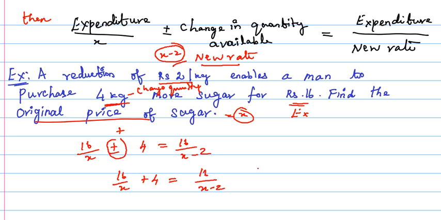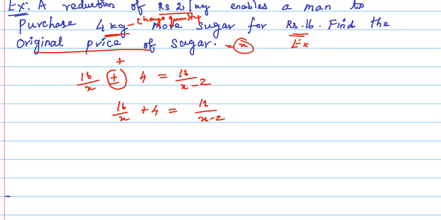Cross multiply. After simplification, multiplying x into x minus 2 on both sides, you get x square minus 2x minus 8 equals 0.